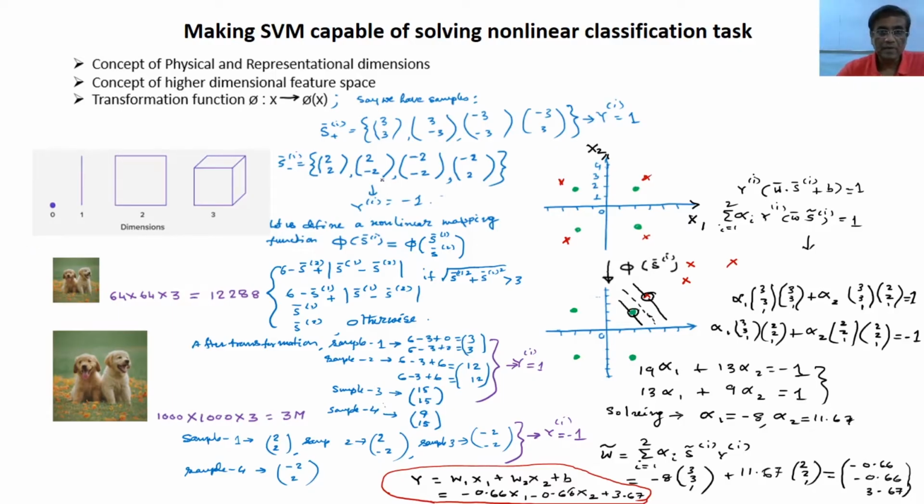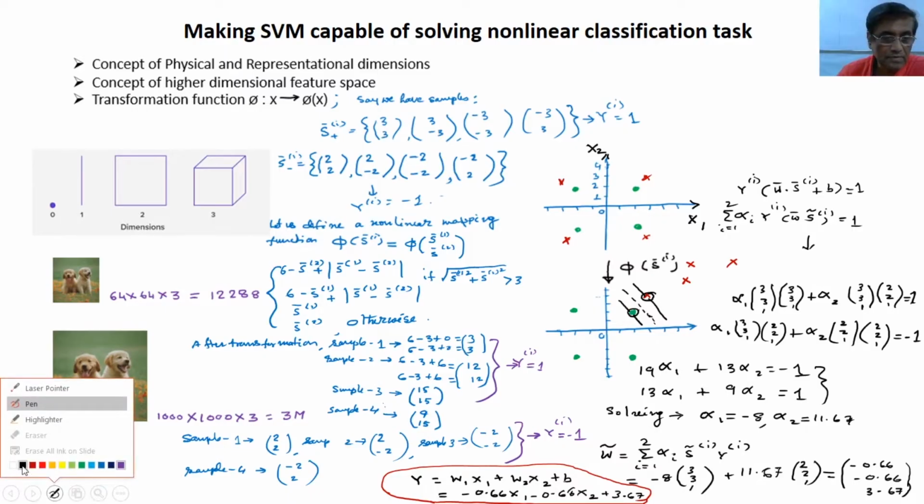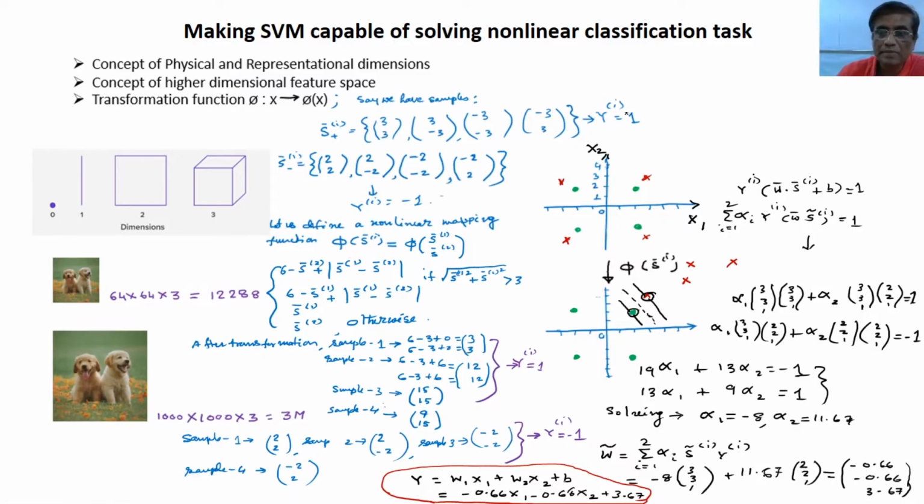Say we have taken 4 samples that belong to the positive class, and 4 samples that belong to the negative class. If I just draw them, because it is a very simple problem I am doing it by hand, there are only samples in a 2-dimensional feature space x1, x2.